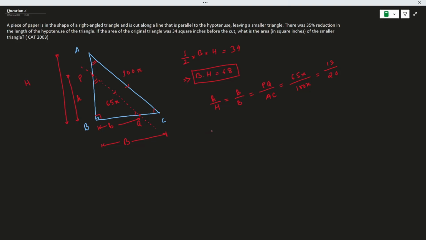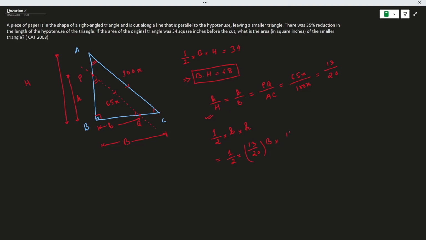So what is the area of the smaller triangle? Half into base into height is equal to half into, what is the base? Small b is equal to 13 by 20 times capital B. What is the height? From this equation, I am substituting the value of small b and small h.